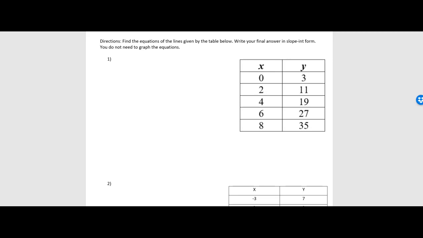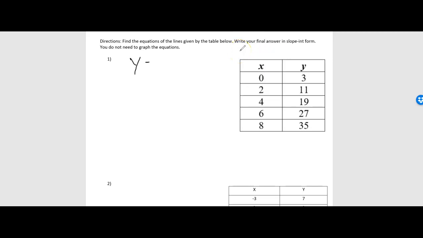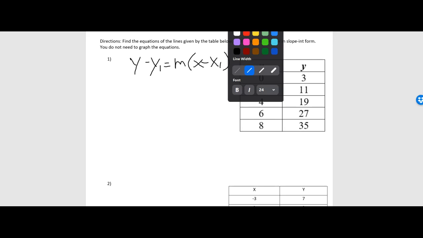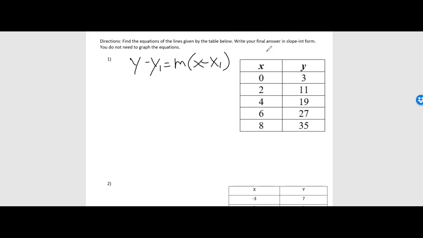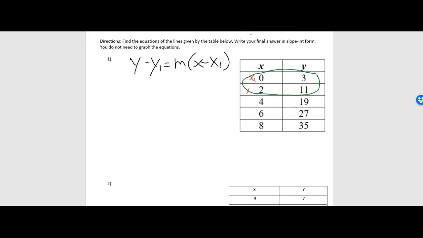Okay, so remember, we're going to start with point-slope form. So y minus y1 is equal to m times the quantity x minus x1. So we need to find the slope and pick a point. Let's use these first 2 points to find the slope. We'll call this x1, x2, and y1, y2.